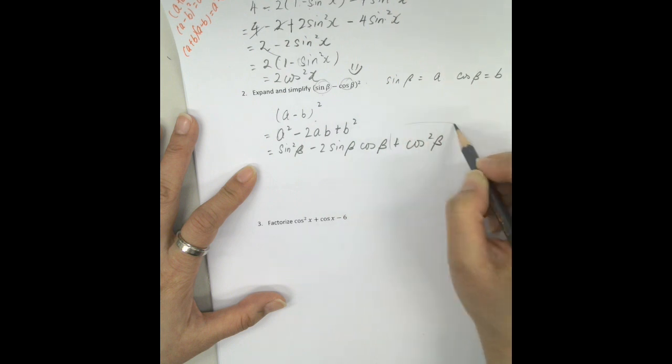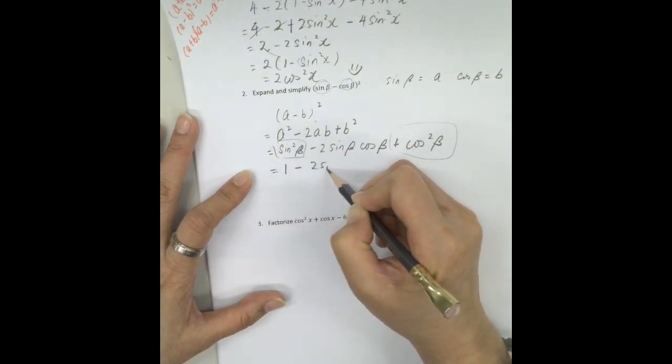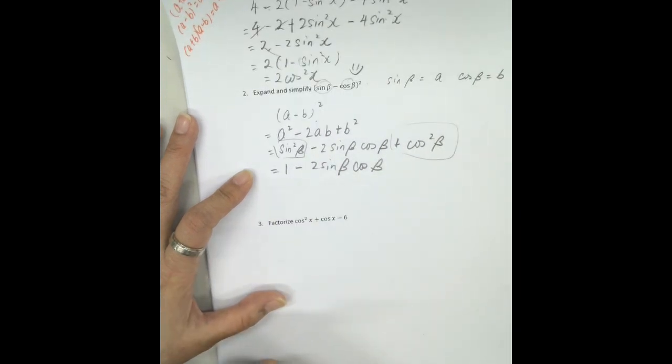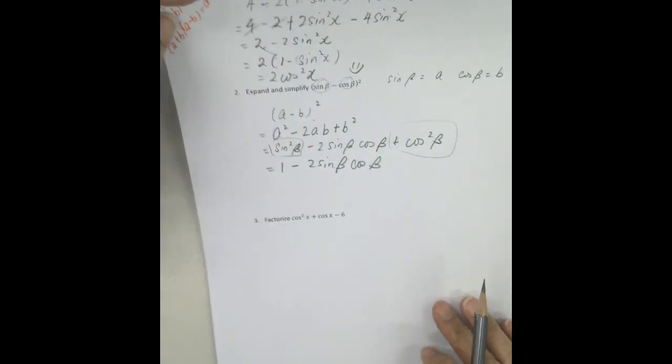Now with that plus and sine there, we have 1 minus 2 sine beta cos beta. Actually, it's just that easy. We just have to make sure we feel the vibe with it.